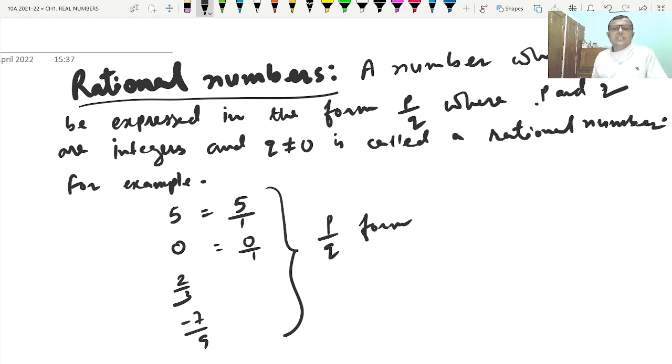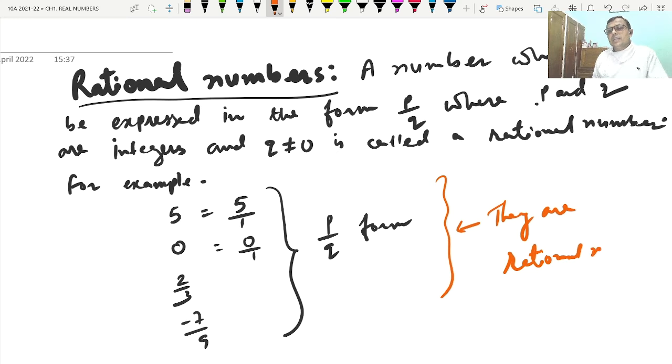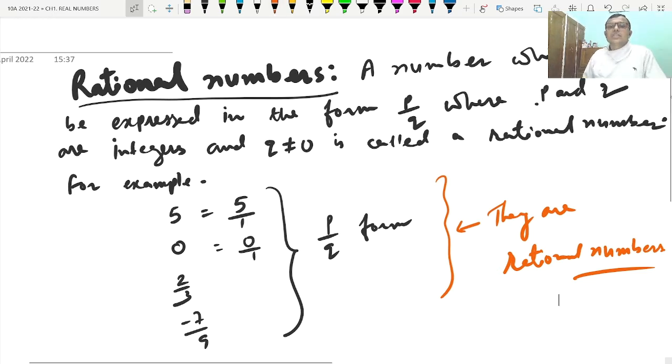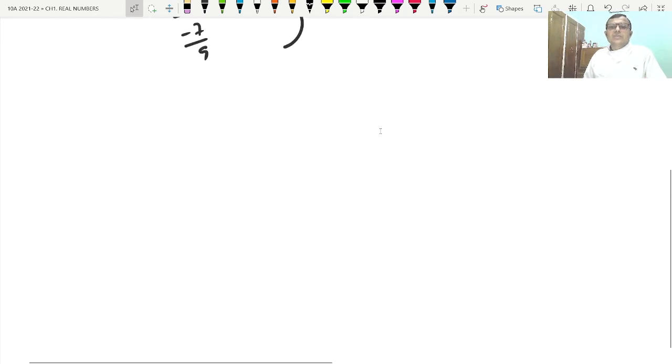Hence, they are rational numbers. I think this is very, very basic. We got this in class 8 itself, and in class 9 also we discussed.